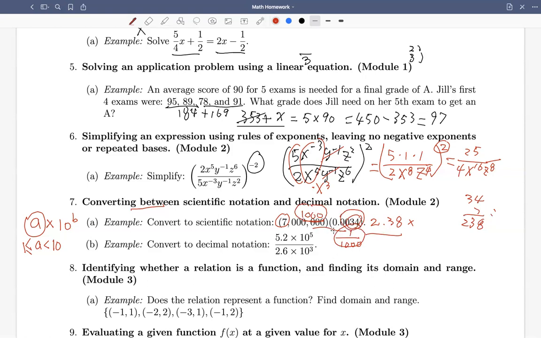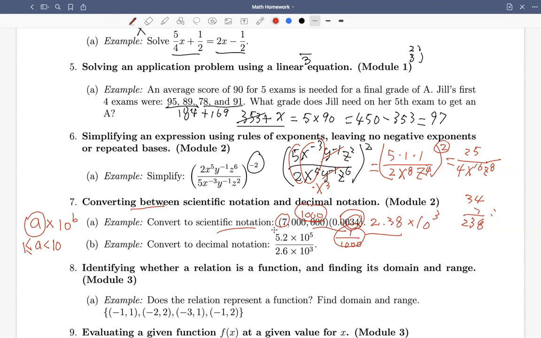That's how we offset the decimal places. So what's left? I still have 3 zeros and 1. So I still have 1,000. 1,000 is 10 raised by 3, right, 1,000 has 3 zeros. So the first one we write as 2.38 multiplied by 10 raised by 3. And this is called scientific notation.